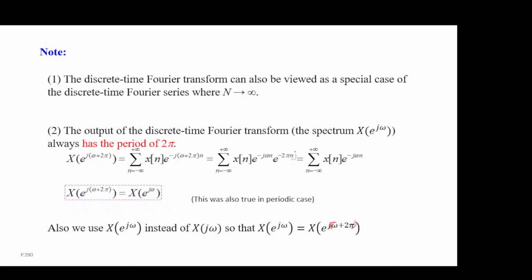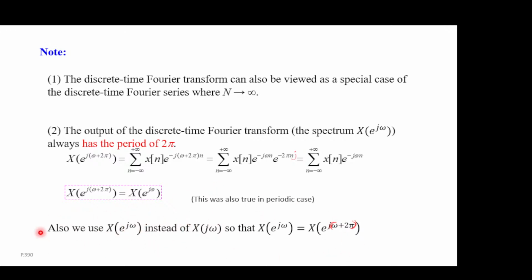So this is a clear way to get rid of all the redundancy on omega, because omega and omega plus 2 pi is basically the same omega for discrete time. But really it's just some notation trick here.